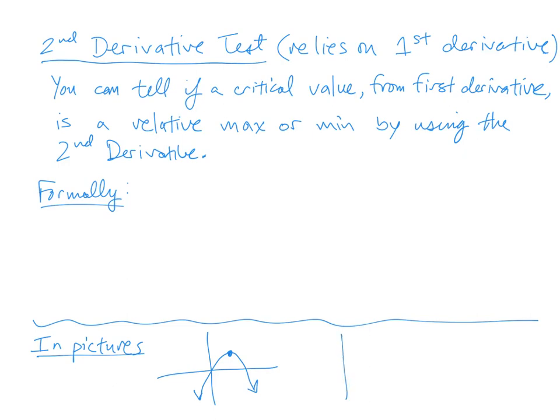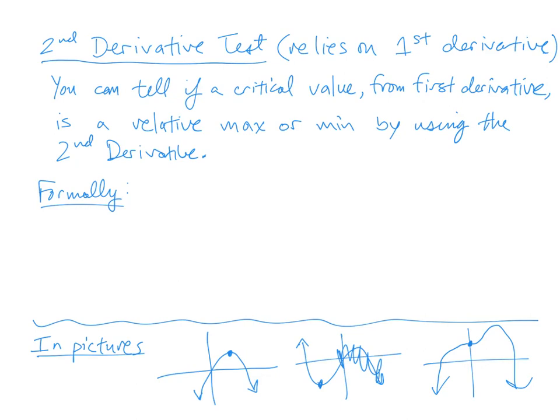If that critical value were on a piece of graph that was concave up, like right here, it would be a minimum. And if you had a critical value on a graph, again, remember the critical values are where the slope of the tangent line would be 0, it could also be that the critical value is neither a max nor a min.